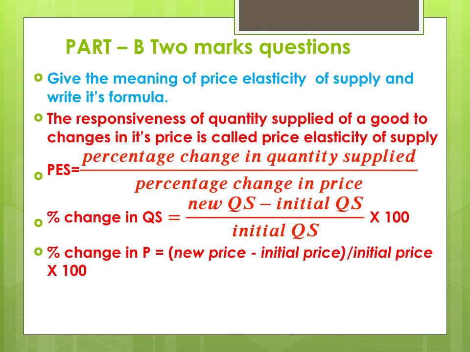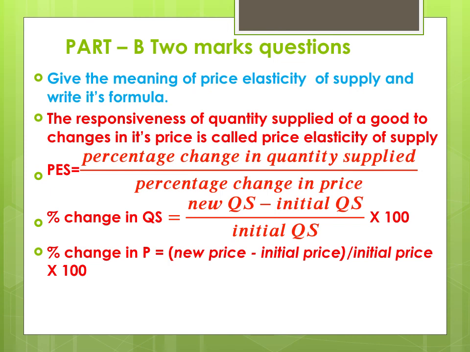To calculate the percentage change in the quantity supplied, we will find the difference in the quantity supplied by subtracting the initial quantity supplied from the new quantity supplied, divide it by the initial quantity supplied and multiply it by 100.